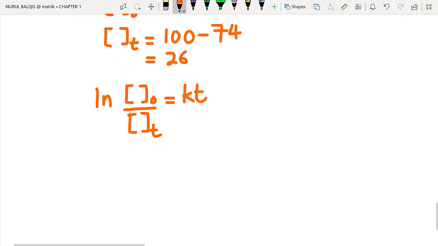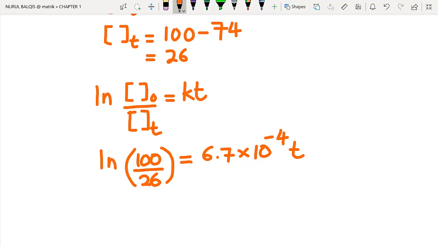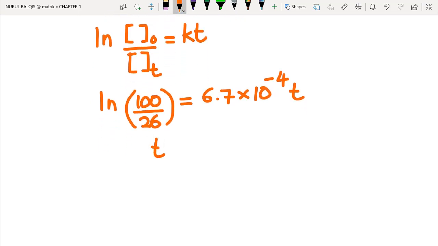We're going to have ln 100 divided by 26 is equal to, we use the same rate constant, 6.7 times 10 to the power of negative 4, and the time that we want to find. Lastly, we're going to get t is equal to 2010 seconds. Okay, so this is our final answer.